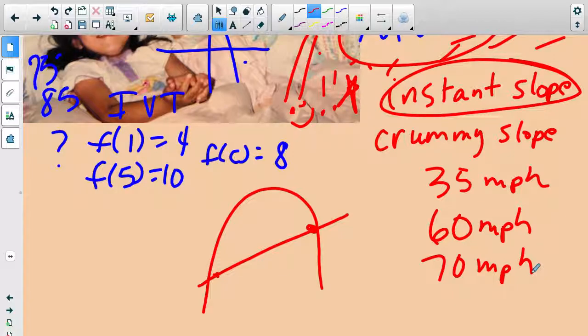Now, if your average speed was 60 miles an hour on a trip, okay? We say that a lot. Like for instance, if I'm gonna drive somewhere and I wanna get there in 3 hours, like when I would drive from Memphis to Nashville, and I would think, to get there in 3 hours is 210 miles, I gotta drive 70 miles an hour.